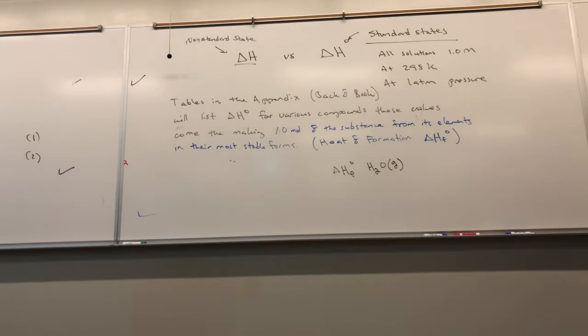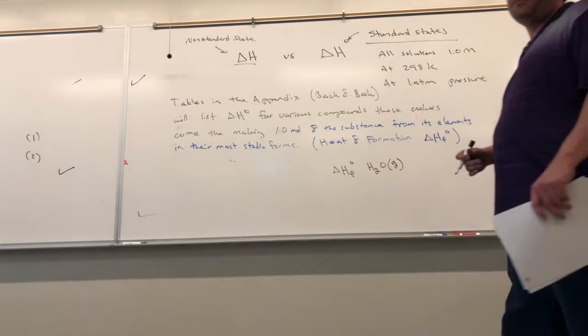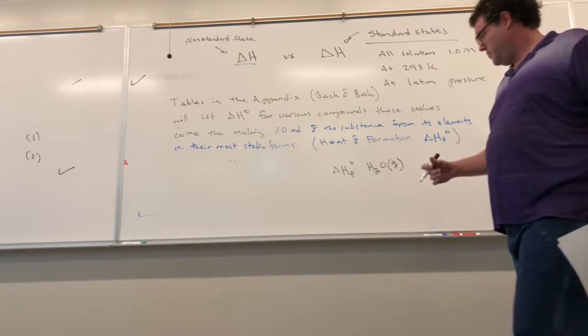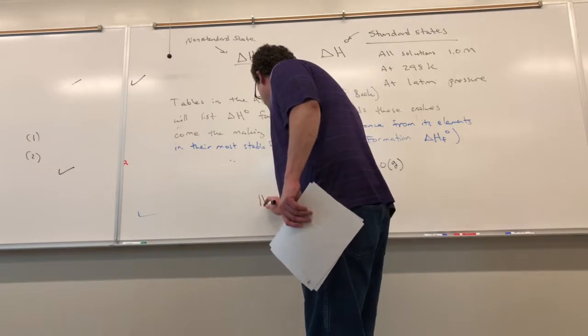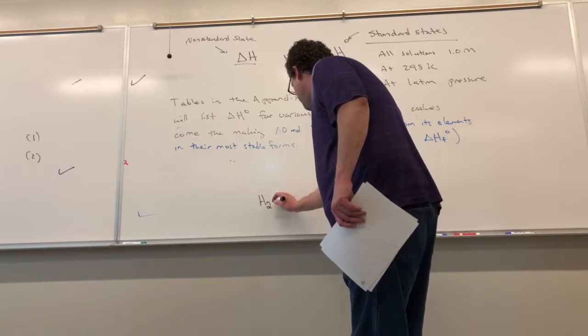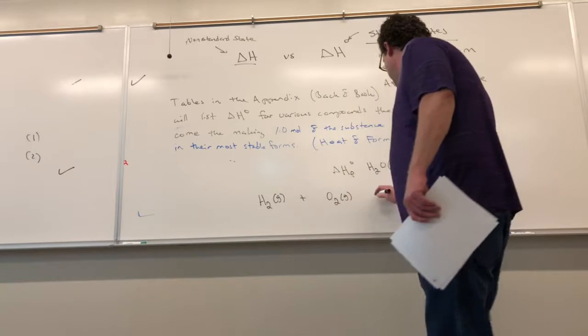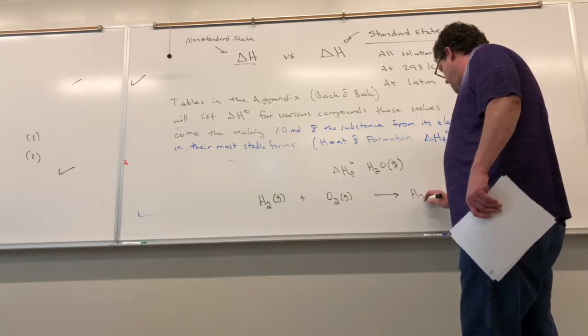Now, what's water being formed from? What elements makes it up? Hydrogen, oxygen. Okay, so we're talking about H2 plus O2 making H2O.